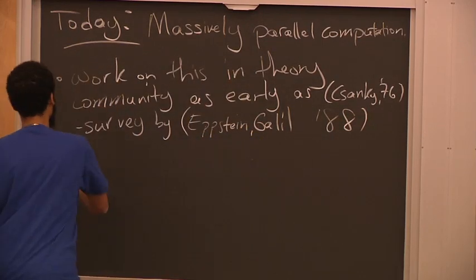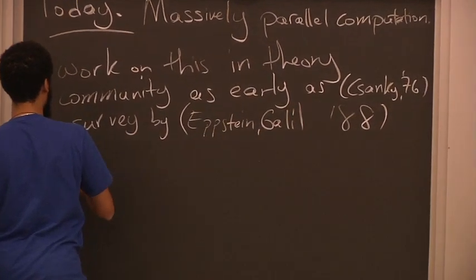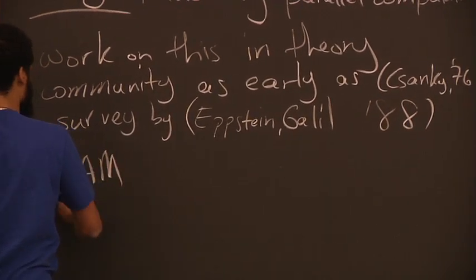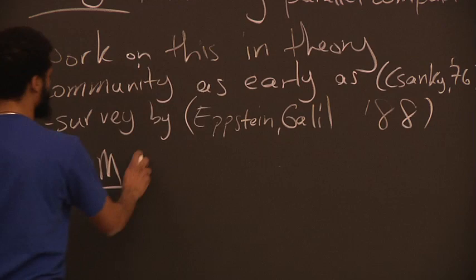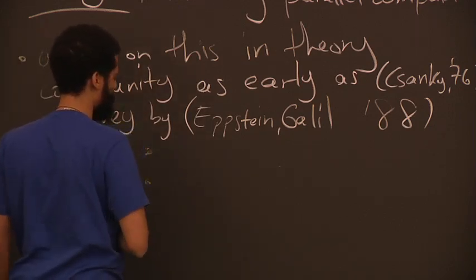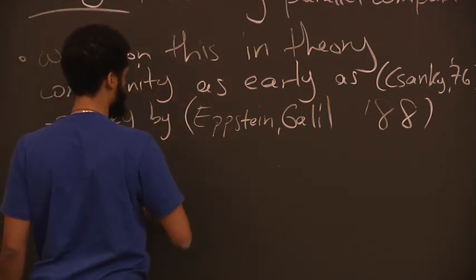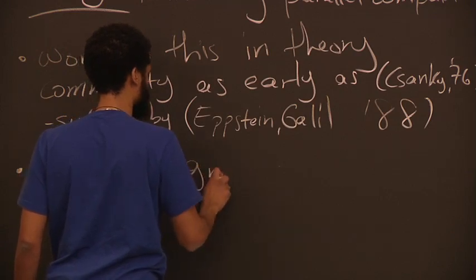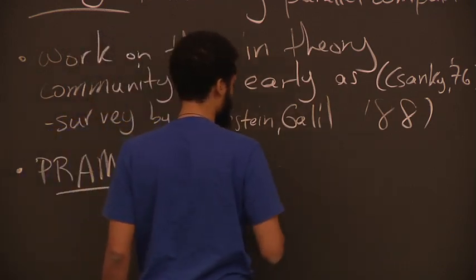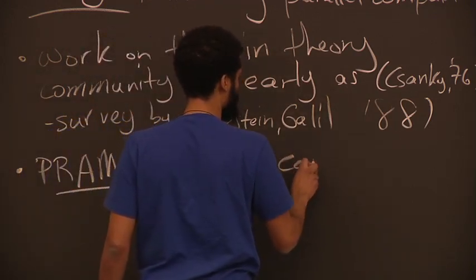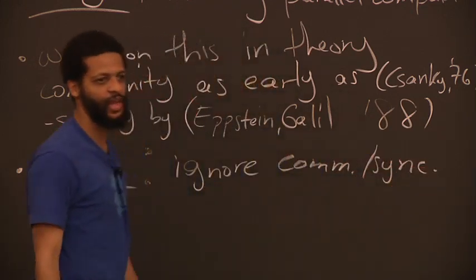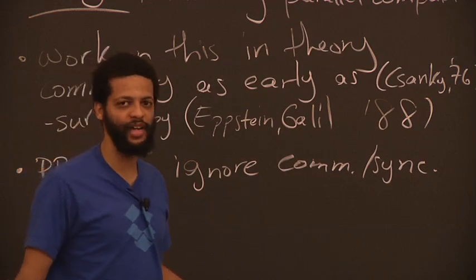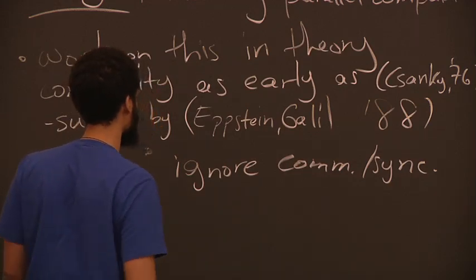And there, the model was PRAM. And the idea behind PRAM is, you ignore communication as well as synchronization. Okay, so you assume that there's a shared memory, and you just ignore any synchronization issues.